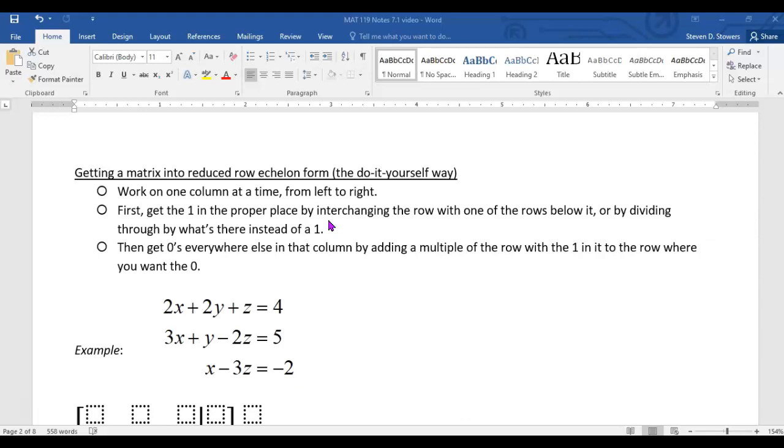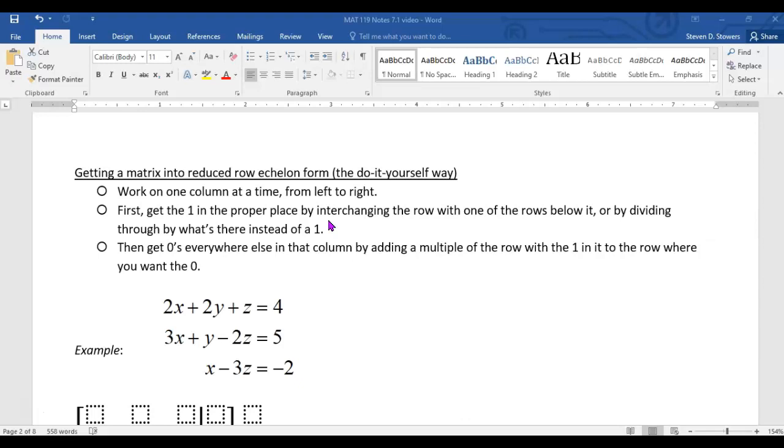But you can also have a graphing calculator or a computer app or something like that do all of that for you. You can just ask it, hey, calculator, or hey, computer, what is the reduced row echelon form of this particular matrix? And it will tell you.